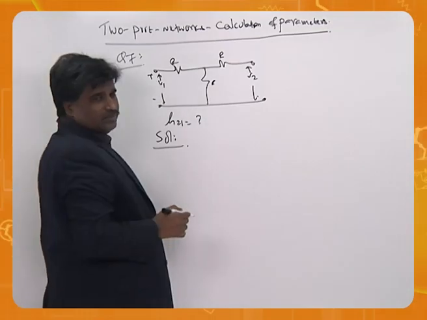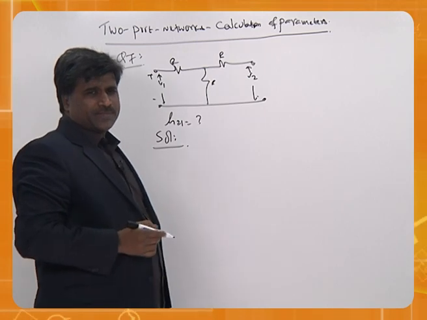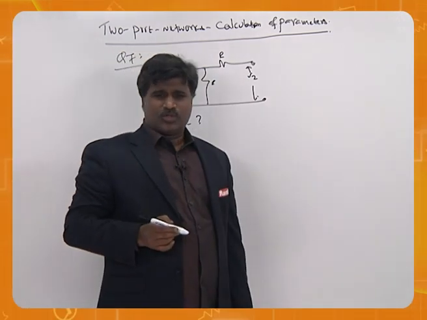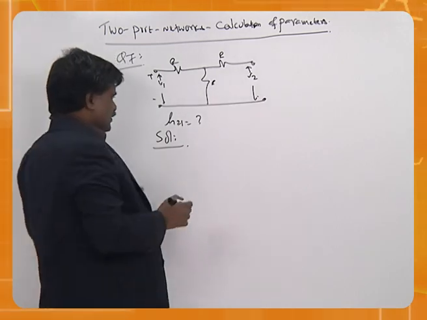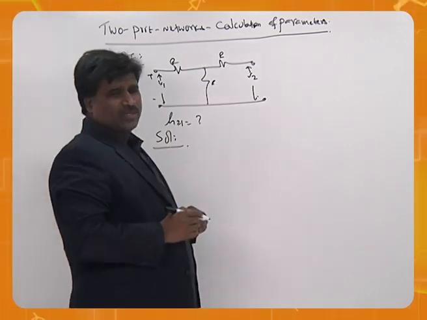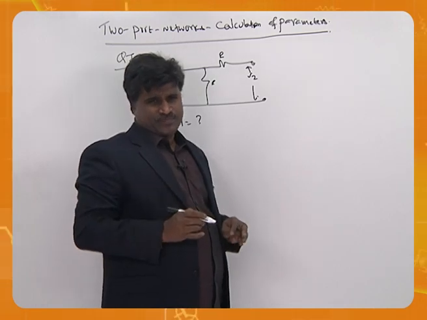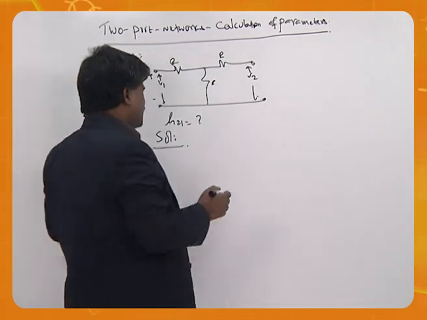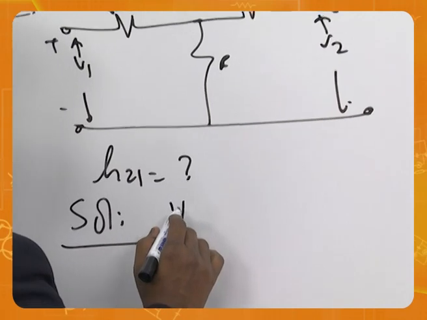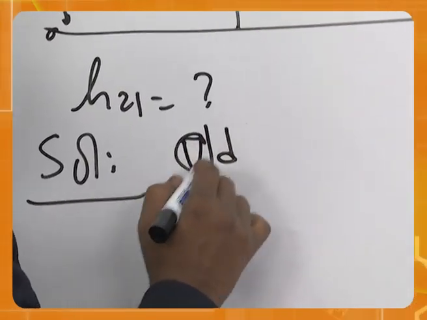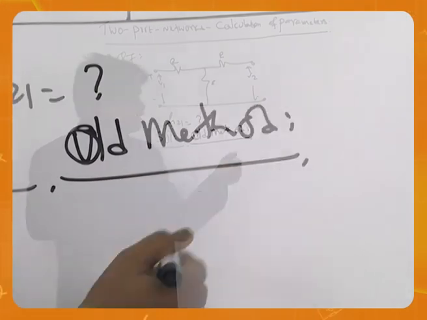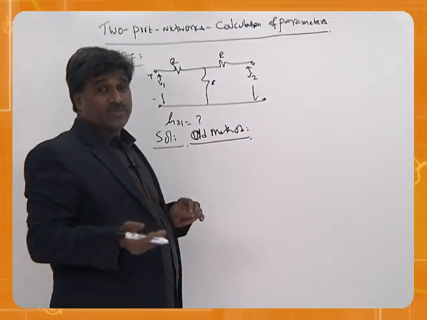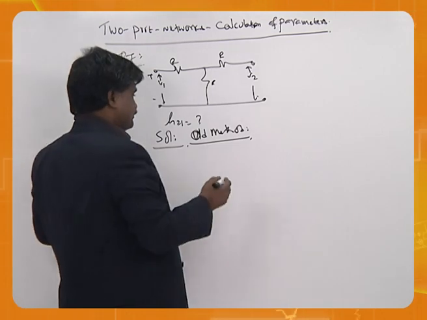Okay, when you go to the solution, you have two options. Because he is asking H21, I will take a direct approach. What is the direct approach? The old method I am taking. As I told you, I will demonstrate both the methods for the convenience of the student.